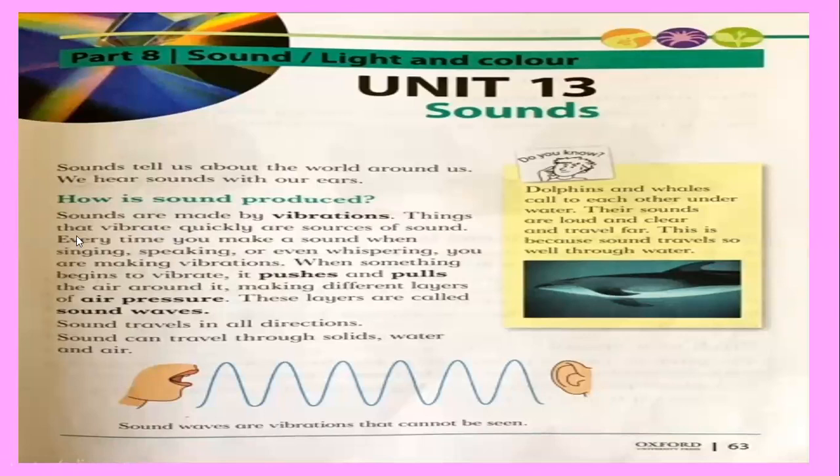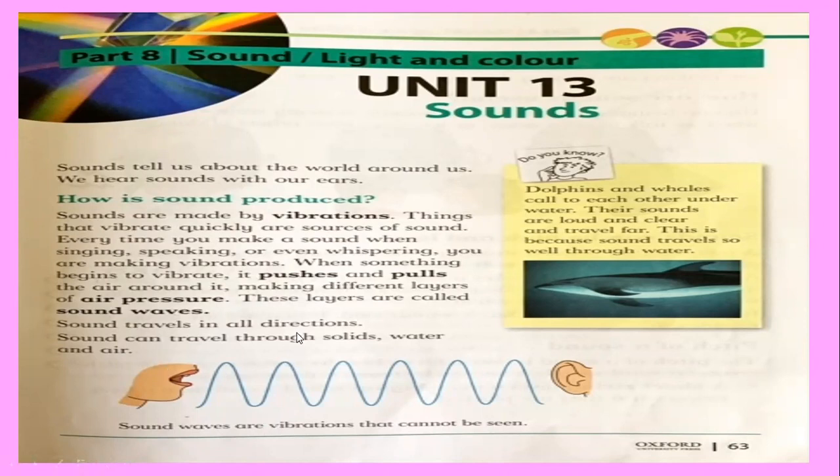Things that vibrate quickly are sources of sounds. When these vibrations become more, then they create sound. The sound of vibration of cell phones is very slight, very little. But when this vibration becomes more, then the sounds become higher.